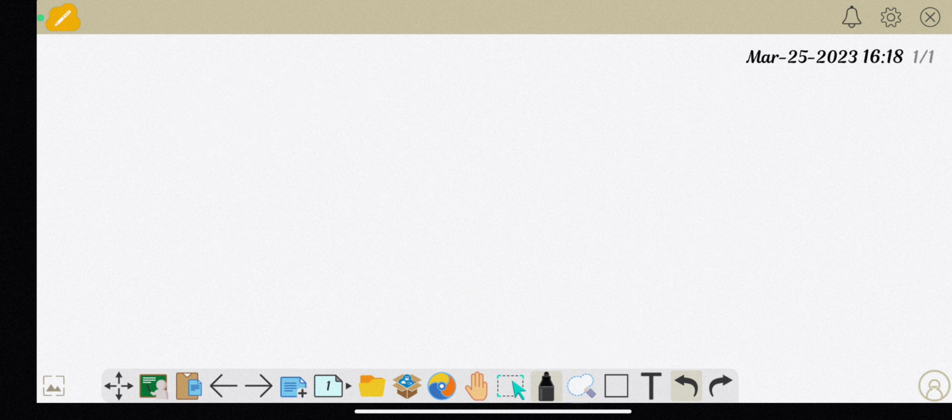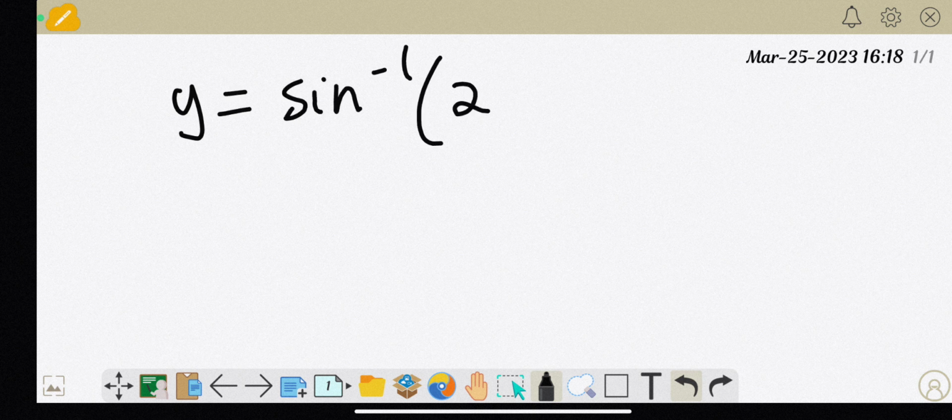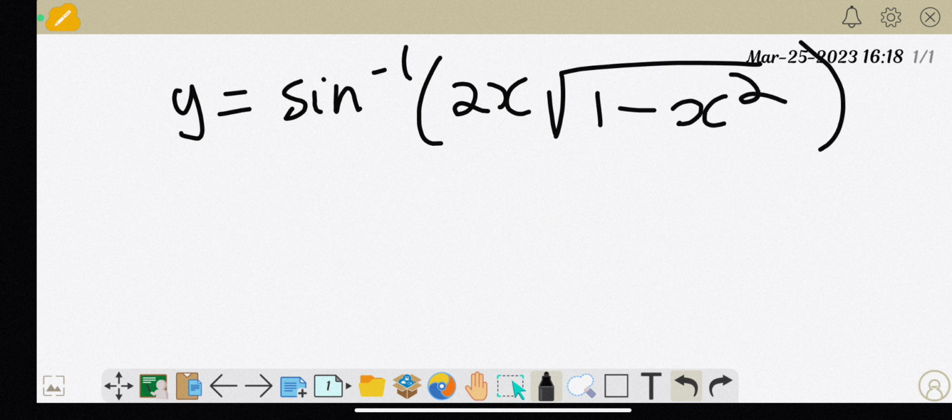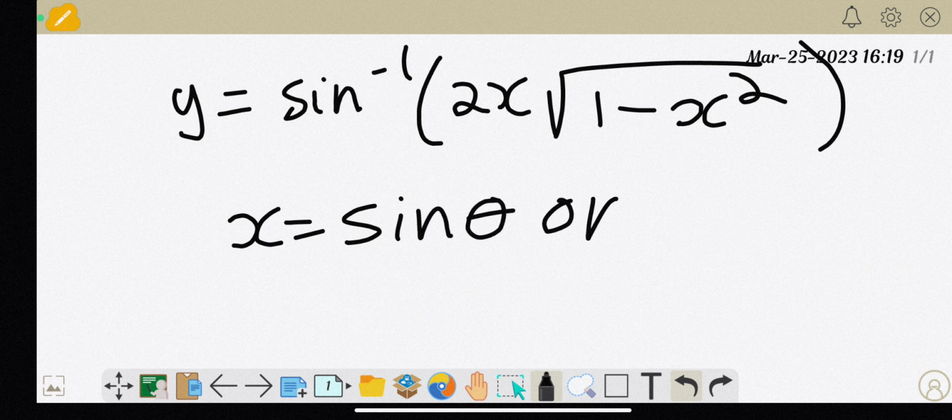Question number 14. How can we solve this? Let's try to solve question number 14. Here you have two choices. Either you can use the substitution x is equal to sin theta, or you can use cos theta also.